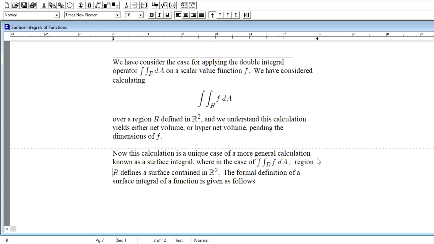That two-dimensional description of a region doesn't have to just exist in two dimensions. It can exist as a two-dimensional description of a region in n-dimensional space. And we can integrate over that using what is known as a surface integral. And much like with the line integral calculation, there is going to be some transformation that occurs in the calculation when we consider the warping of the space into some nth dimension.